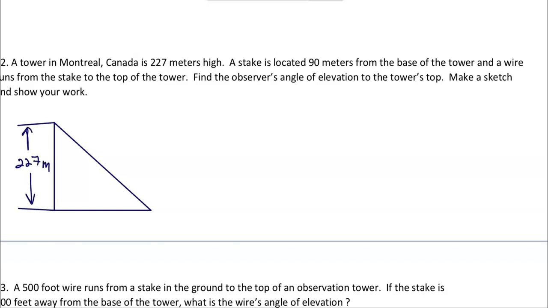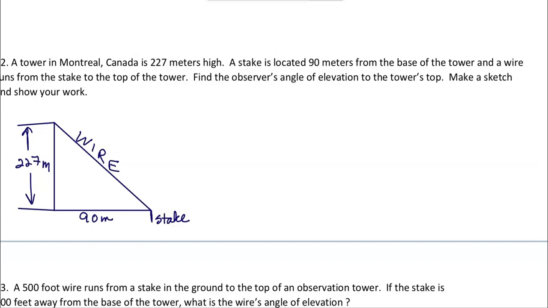A stake is located 90 meters from the base of the tower. Right here is where the stake has been placed. It is 90 meters from the base of the tower, and a wire runs from the stake to the top of the tower. That means that this is the wire.